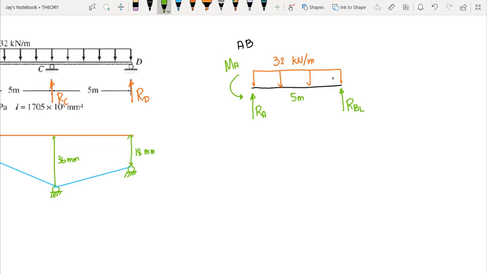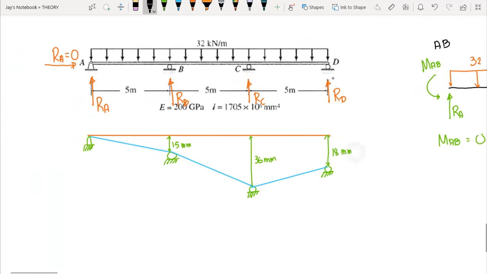We assume that the rotation is counterclockwise, and on the side of B, we have MBA, and we assume that the rotation is clockwise, and that means this rotation constitutes a negative value. But again, we know that our MAB is equal to 0, since we have an external hinge at that point, and when we have a hinge support, there is no moment at that point.